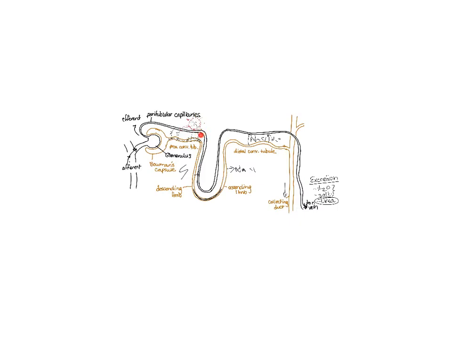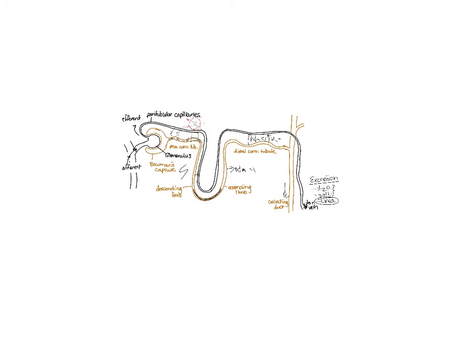Urea and salts are in here, and most of the salts, but definitely not all of them. Many of them are also pumped back into the peritubular capillaries. As we move down into the loop of Henle, we've got salts being reclaimed in the ascending limb, and that's going to make a hypertonic solution relative to what is inside of the loop of Henle here at the descending limb, which is going to force water out.